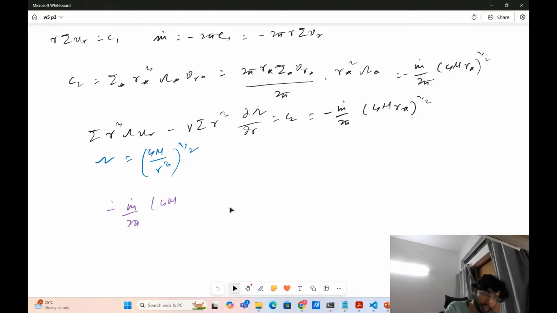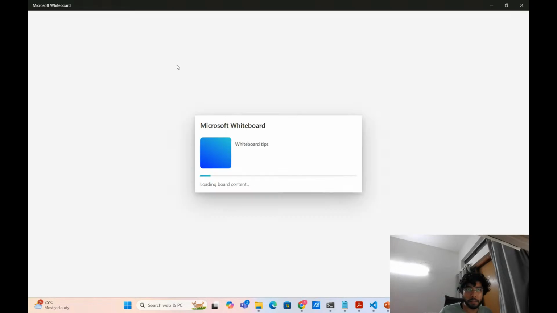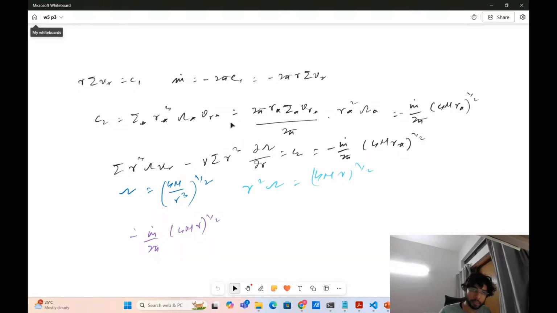If you put the value of omega, r square omega is gm r to the power of half.